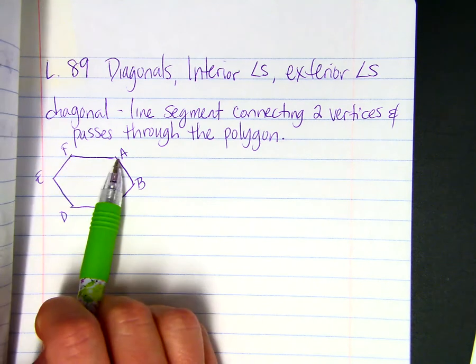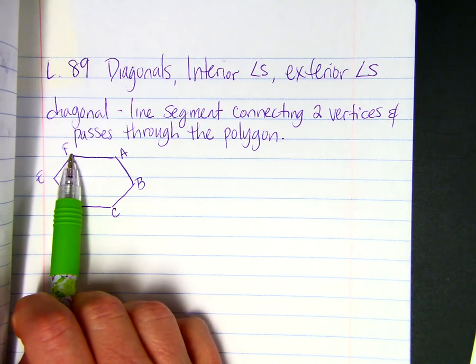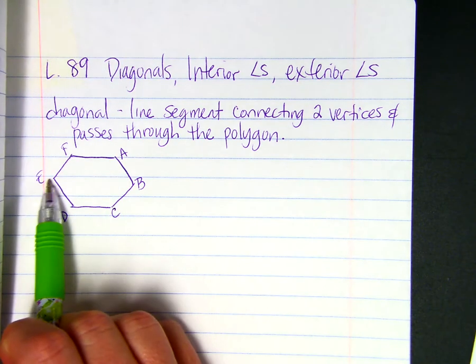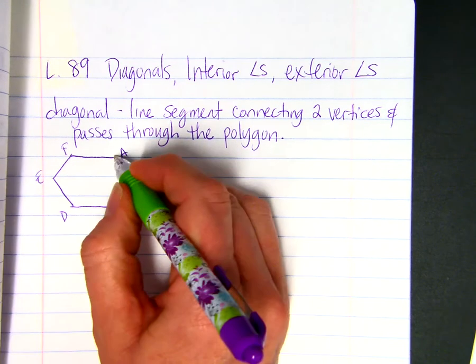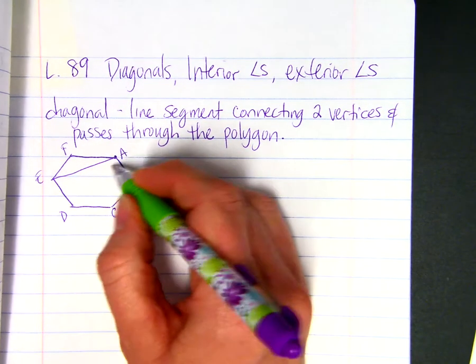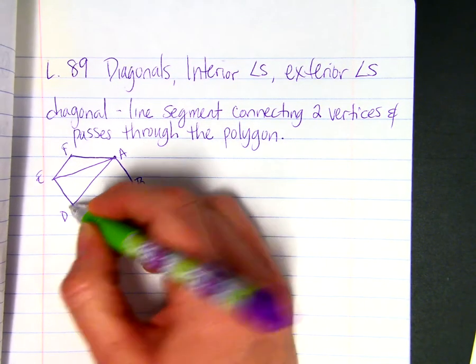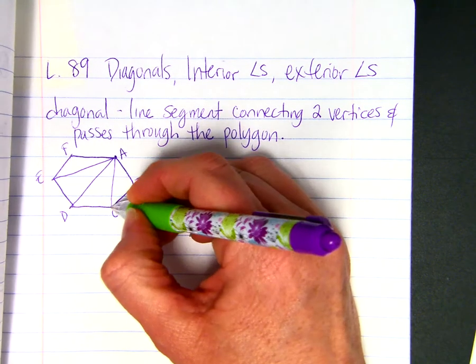So AF is not considered a diagonal. But AE would be a diagonal, AD and AC would be a diagonal. So AE, AD, and AC.